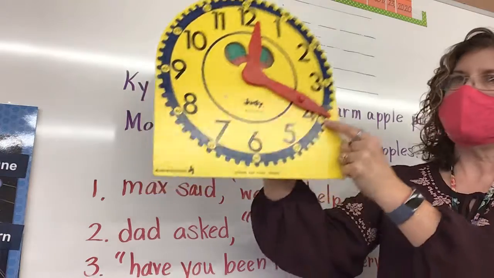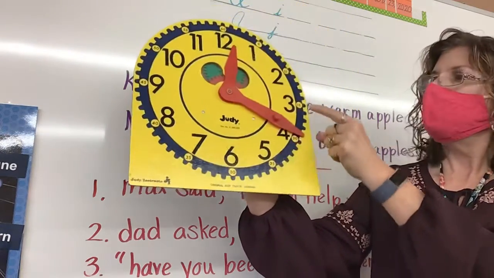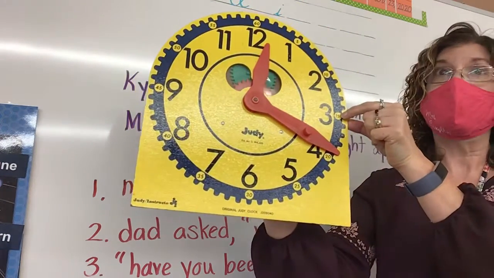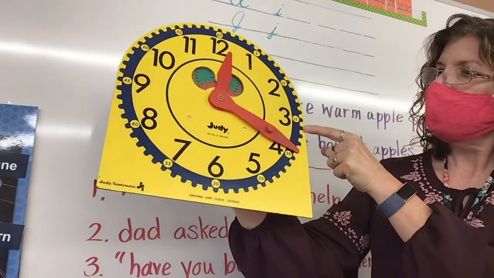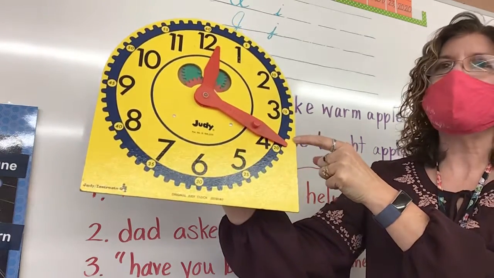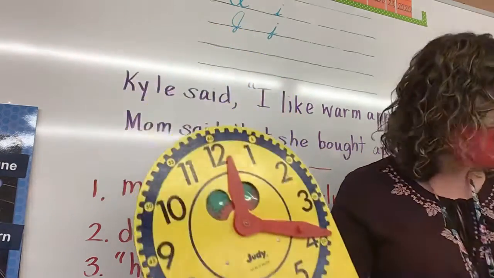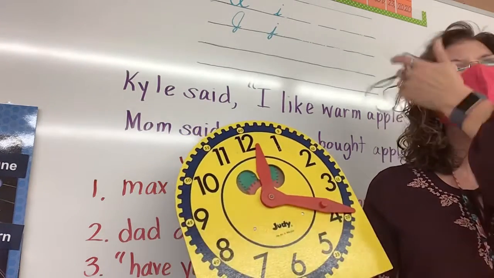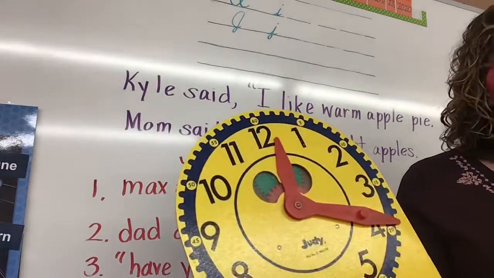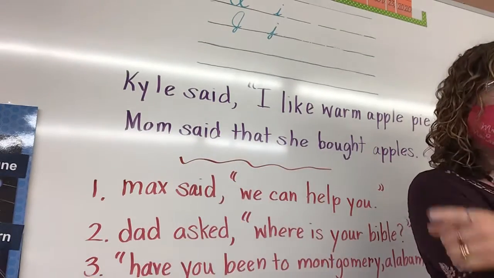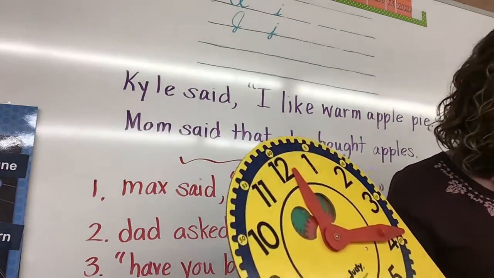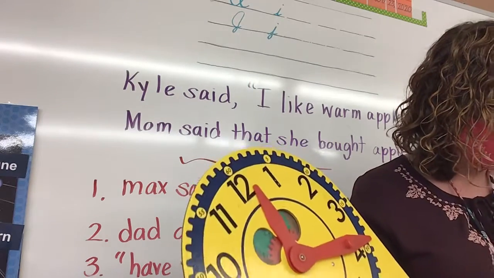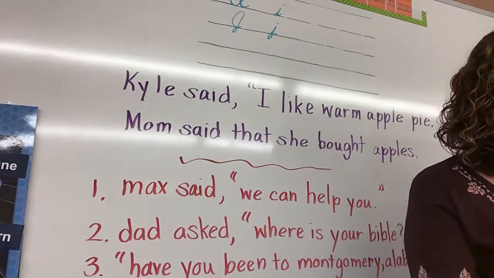It is past the 3, but is it past the 4? No. So we need to start with 3. 3 would be what? 15. So count by ones. 16, 17, 18, 19. So it is 12:19. Since 19 is less than 30, we are just going to switch and say 19 minutes after 12.